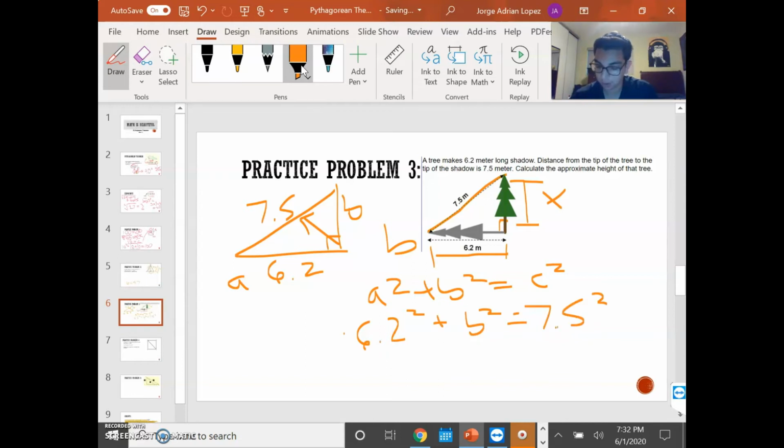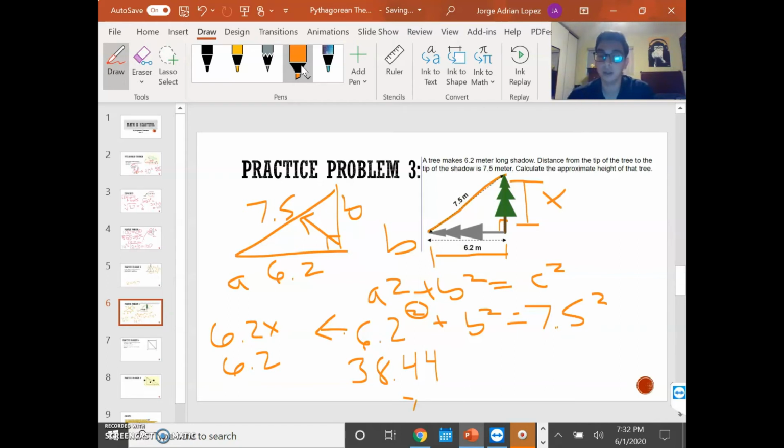Okay? Now, we're going to multiply 6.2 by itself twice, right? Now, if you don't know what 6.2 times 6.2 is off the top of your head, I recommend using your calculator for that one. So 6.2 times 6.2 is going to be 38.44. Remember, we have the 2 exponent.